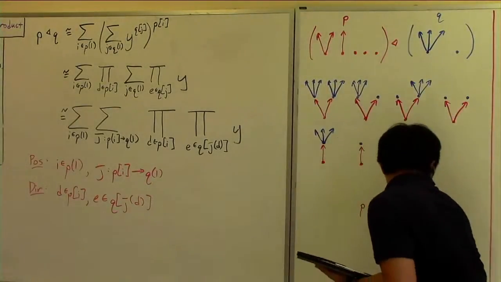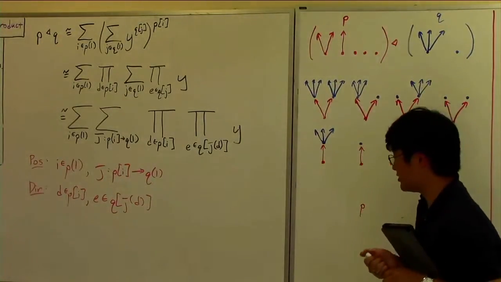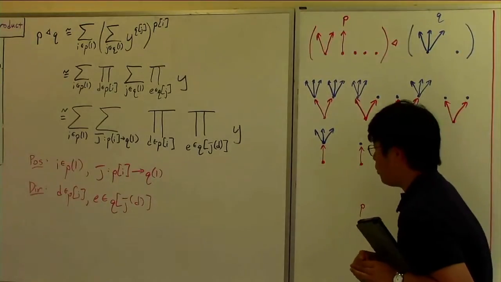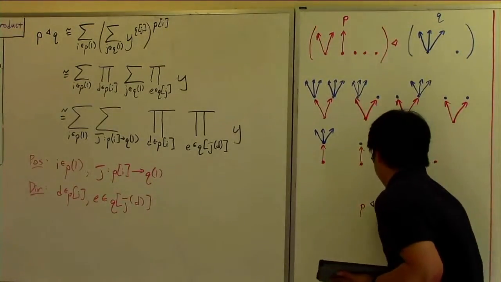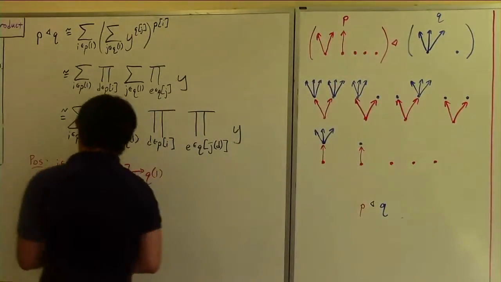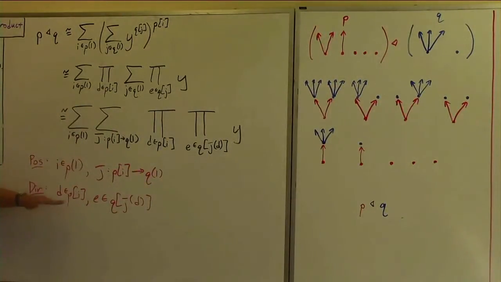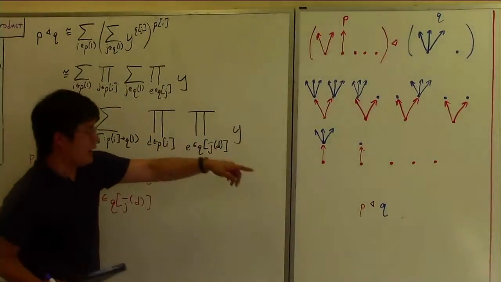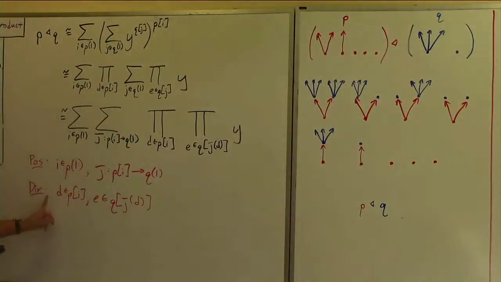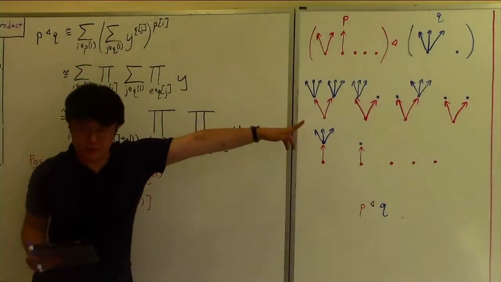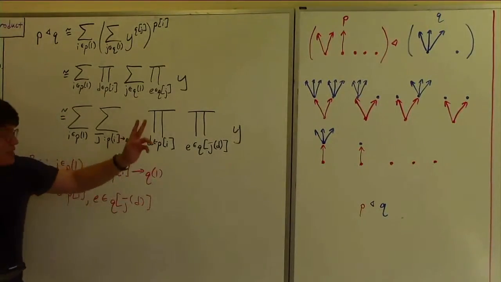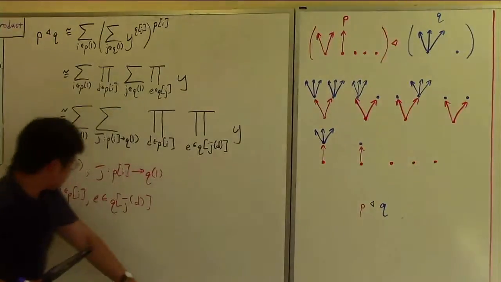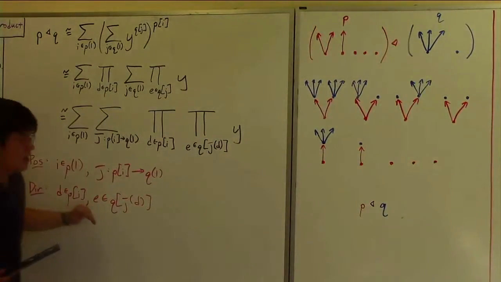Now, what about the directions? Well, if we look over here, our directions are a position of P, a direction of P at the position we picked, and also a direction of Q at the position we picked for the direction we already picked.